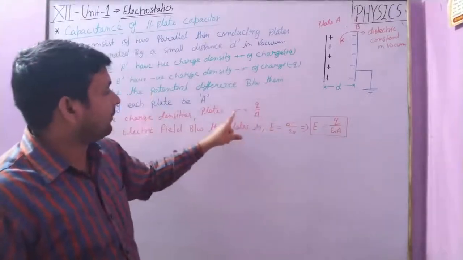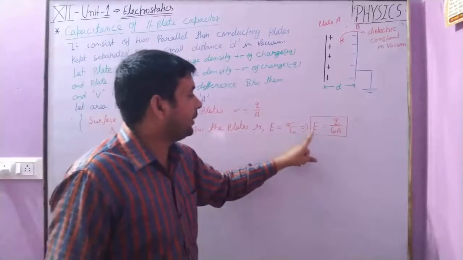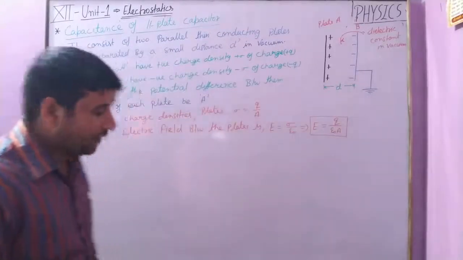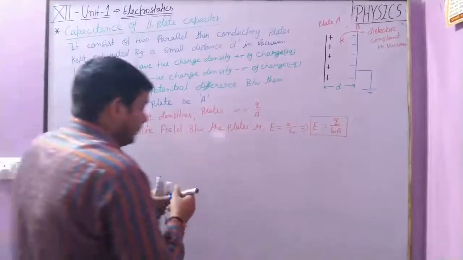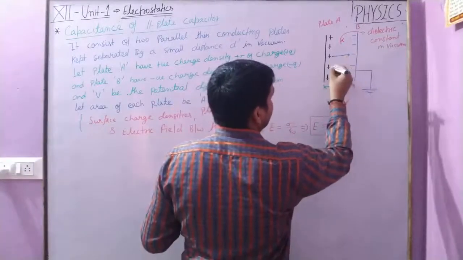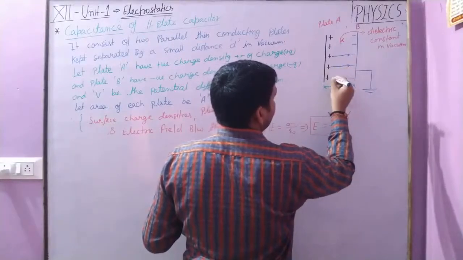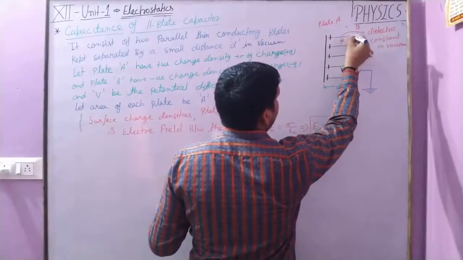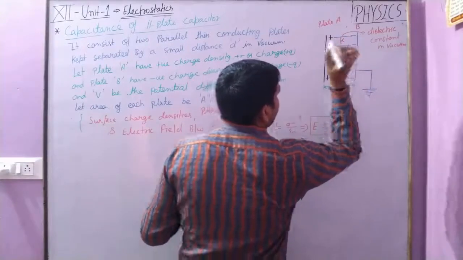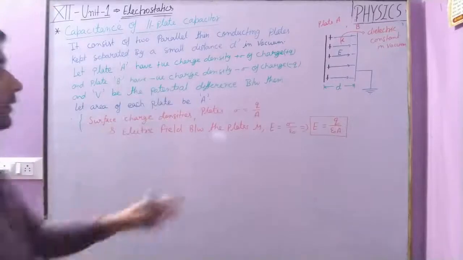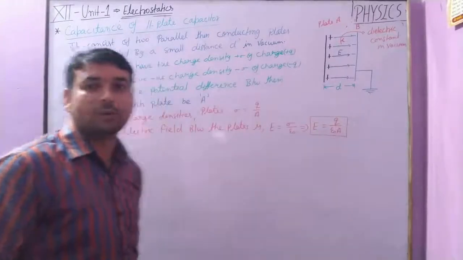By putting the value of sigma as Q upon A here, we observe that the electric field is set up across the plates A and B with strength E given by Q upon epsilon naught A.